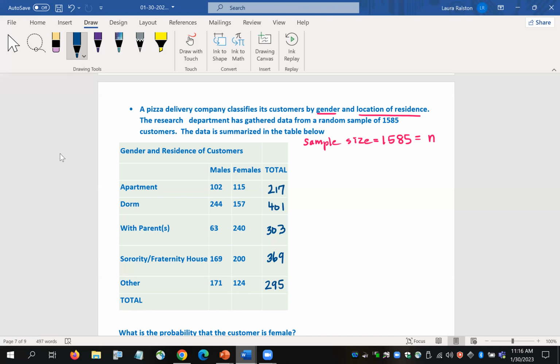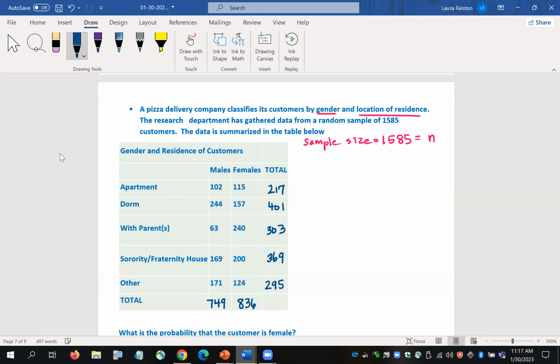All right, and then I need to do the columns. So I'm going to do the males. 102 plus 244 plus 63 plus 169 plus 171. There were 749 males. Then I do the females. 115 plus 157 plus 240 plus 200 plus 124 is 836.